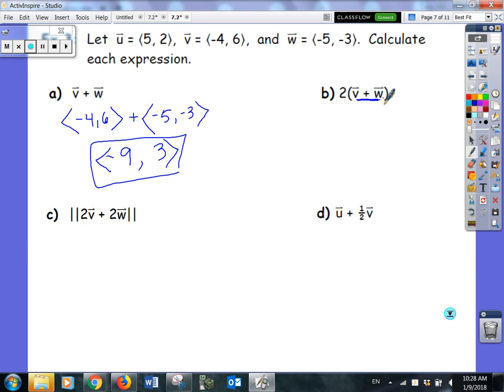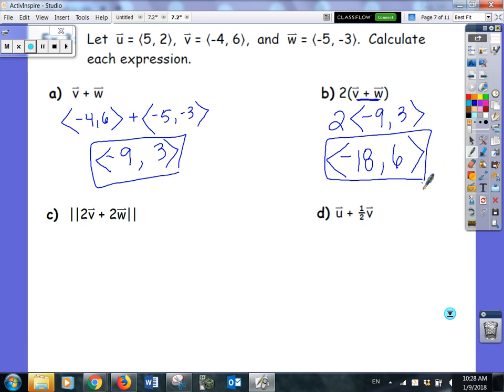So we don't have to do it again, but we have to multiply it by 2. So it's just <-9, 3>. So we just distribute that 2 in there, and we get our answer to be <-18, 6>. Very important that you have those angle brackets. Chevrons, angle brackets, I like calling them angle brackets, but they can be called either one. That is what makes it a vector.